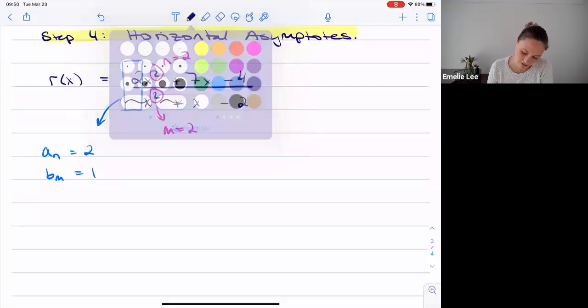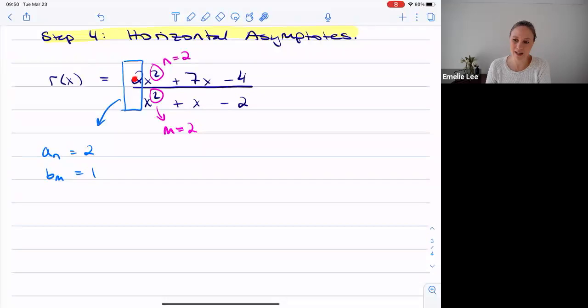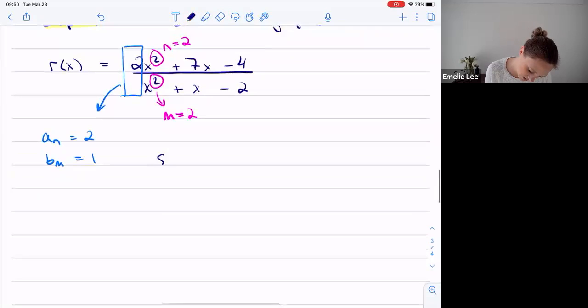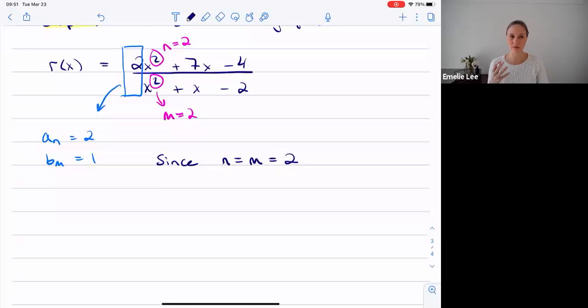Now, the reason that I looked at these leading coefficients is because I have the same degree here. If you refer back to our notes or from just the review, if n equals m, so here I'll say since n equals m equals 2, they're all equal to each other. We have a horizontal asymptote at 2 over 1.